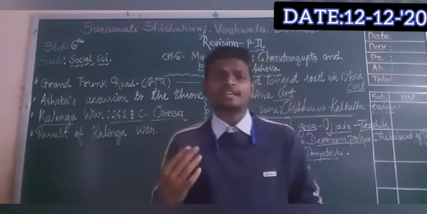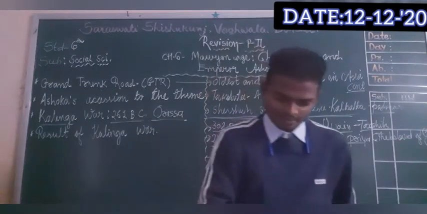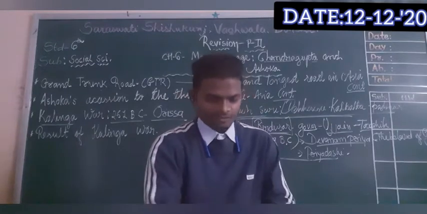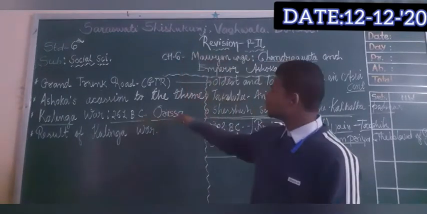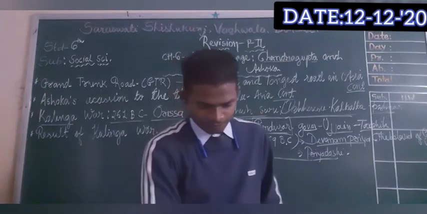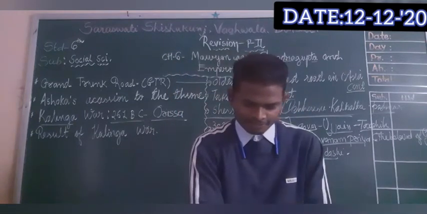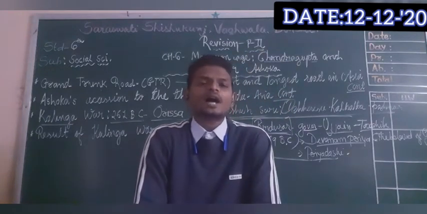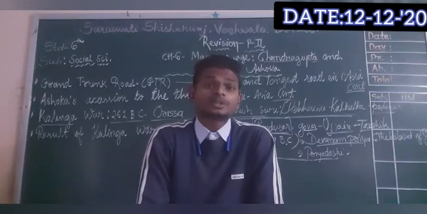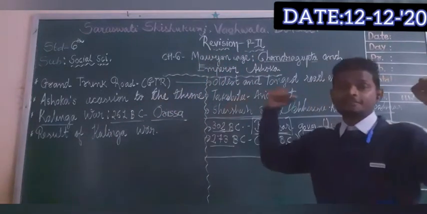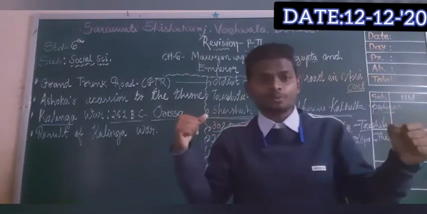But after trying, after defeating, he attacked in 261 BC. And what happened? The Kalinga people offered tough resistance, but they were ultimately overpowered by the mighty Mauryan army. That time, the Mauryan army was considered very strong, very brave.